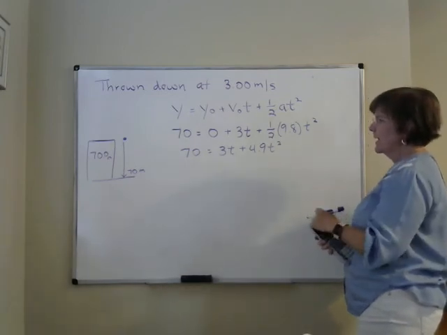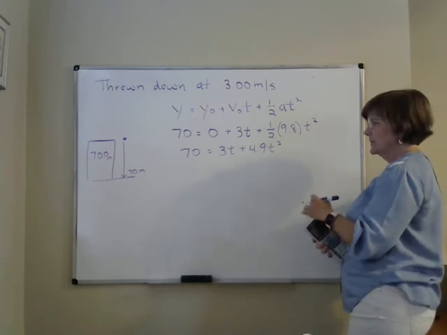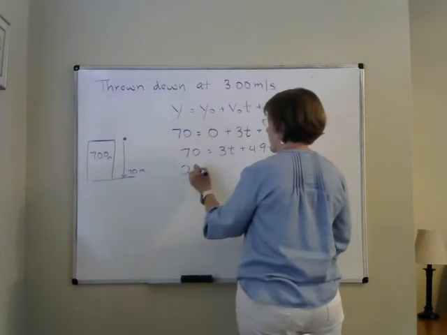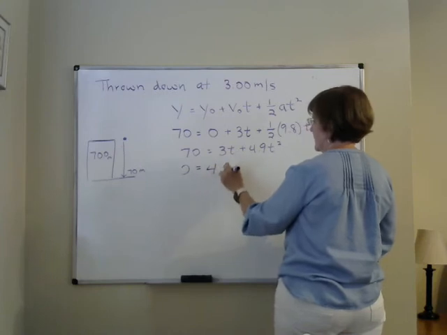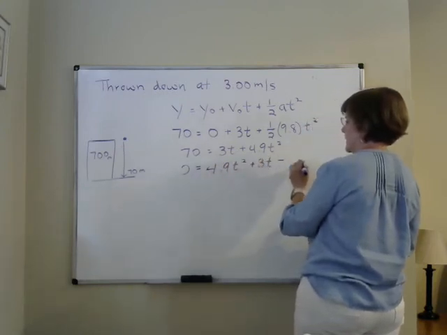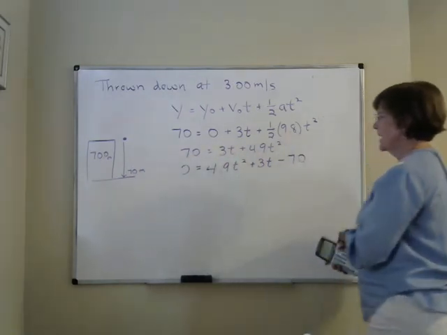The best way I know to solve this in a calculator is to let it equal 0. If I rearrange this equation, I get 0 is equal to... I have to move this 70 to the other side.